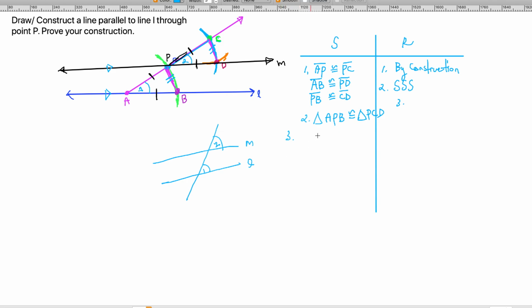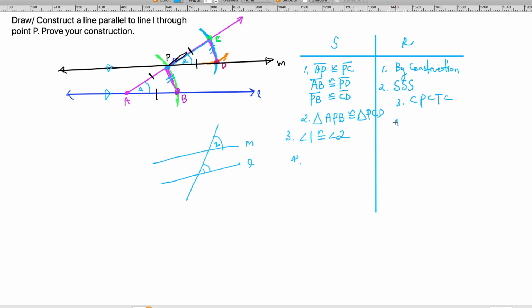Now I know that these two triangles are congruent, therefore all their corresponding parts are congruent. So angle 1 is congruent to angle 2, and that's CPCTC. Corresponding parts of congruent triangles are congruent. 4.